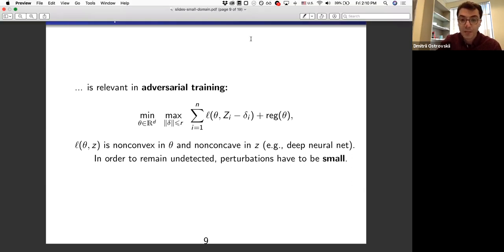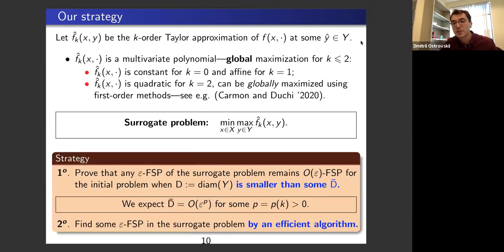So, okay, now let me just go over the strategy. Why do we assume the small domain in Y? Well, the idea is that if we replace pointwise for any x the criterion f of x, y by its kth order Taylor approximation, then for small order of approximation, the problem will become tractable in Y. In the case of zero order approximation, so just constant approximation, there is no problem of maximization whatsoever.